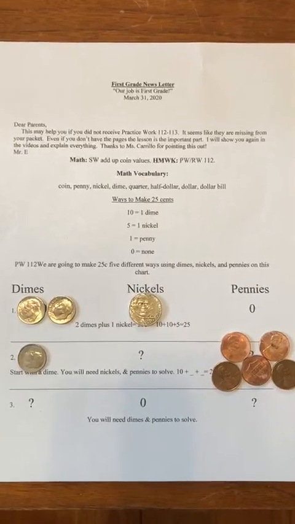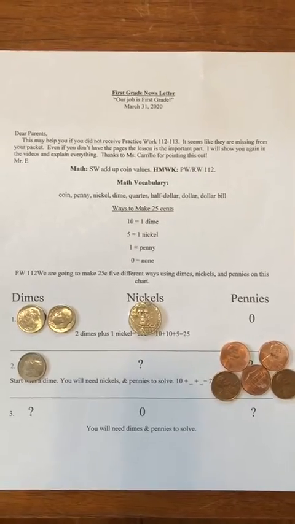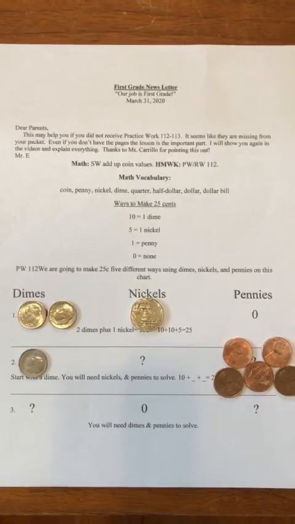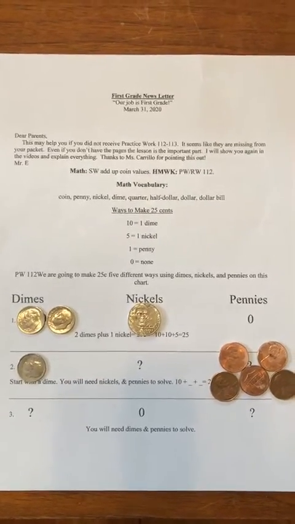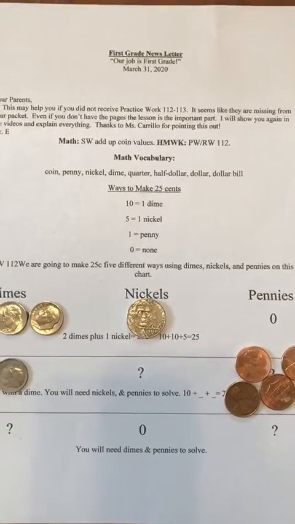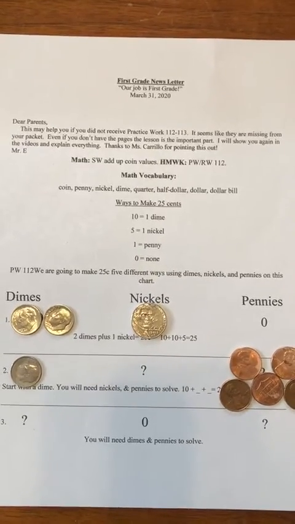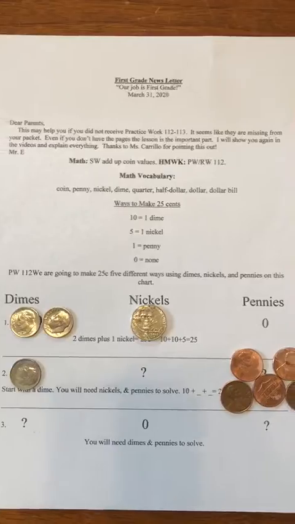So on number 2, to solve this one, you will tell me how many more nickels you need to make 25 cents. On number 3, we're not going to be using nickels. I want you to tell me how many dimes and how many pennies make 25 cents.